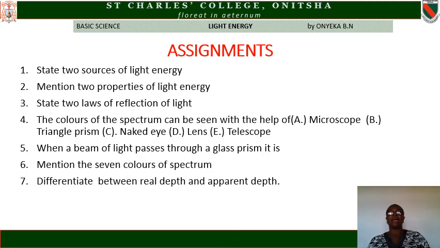C. Naked eyes. D. Lens. E. Telescope. 5. When a beam of light passes through a glass prism, it is called dash. You have to supply the answer. 6. Mention the 7 colors of the spectrum as we have studied. 7. Differentiate between real depth and apparent depth.